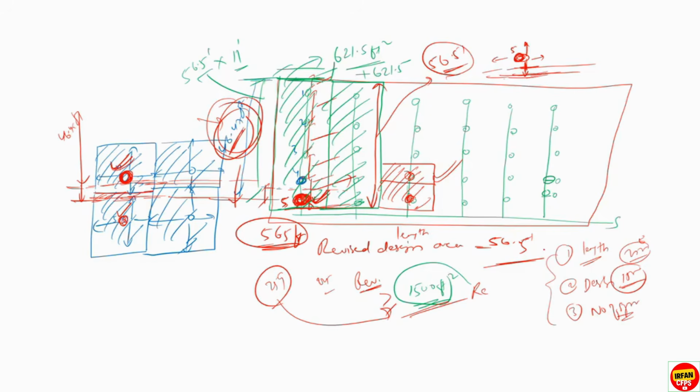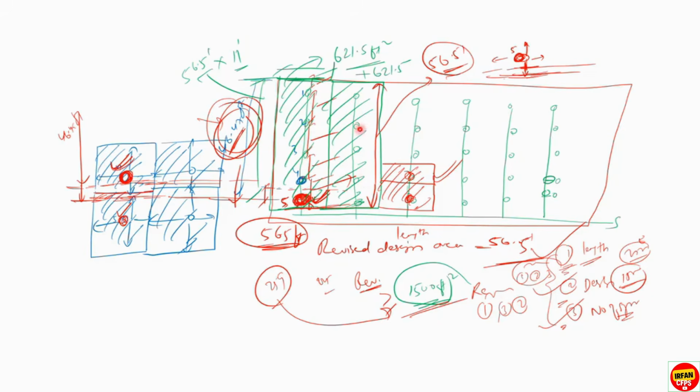In uniform spacing, you calculate the length and number of sprinklers and then you arrive at the design area. There, steps 1, 3 and 2 are followed. Here, we follow the steps in the sequence 1, 2 and 3. Okay, so in this way you calculate the design area, and based on this you arrive at the number of sprinklers.